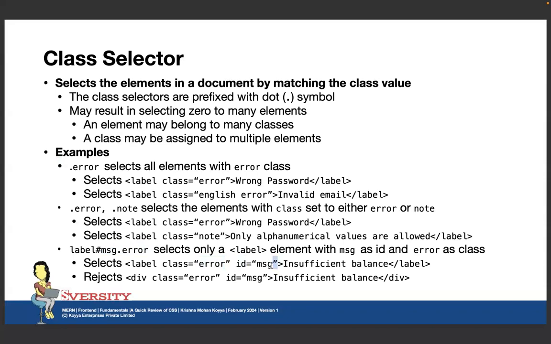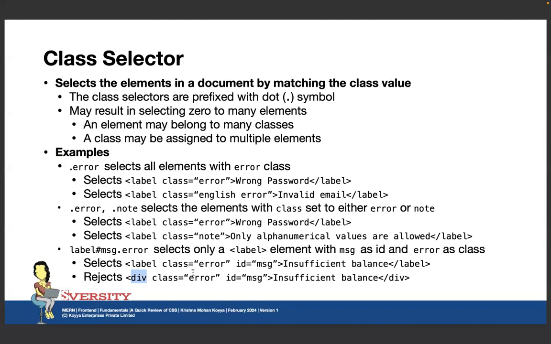ID is message. So it matches all three parts of this combination, so it selects. Whereas here, even though class is error and ID is message as required, the element is not a label, it is a div. So this is not selected. So these are the three varieties of major selectors.